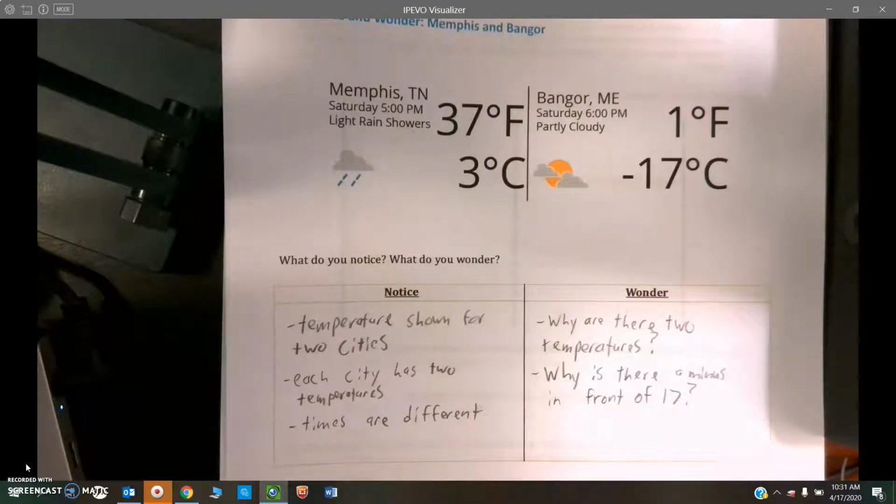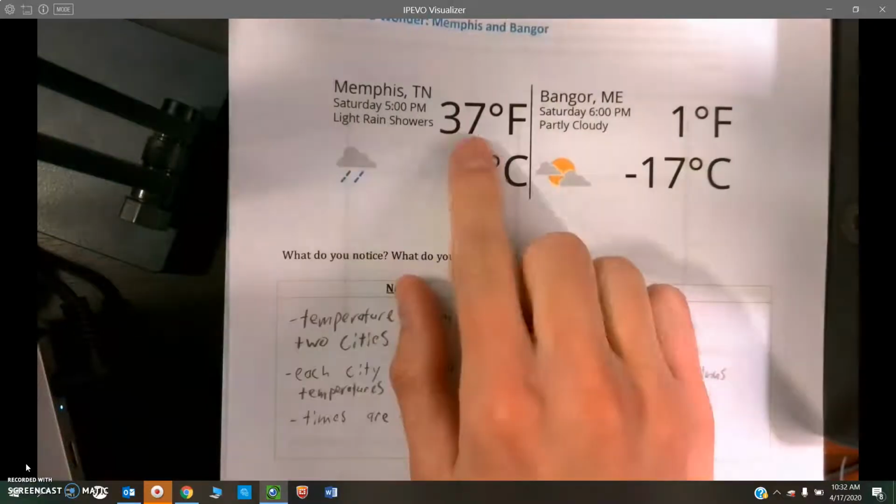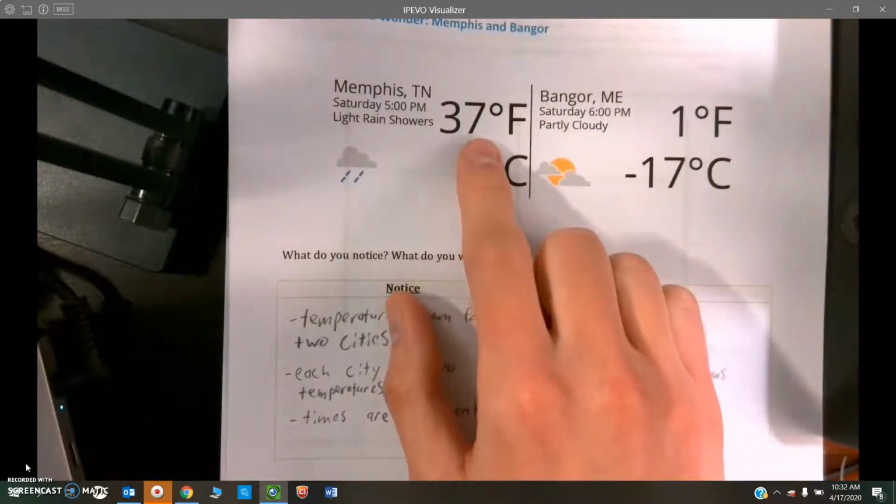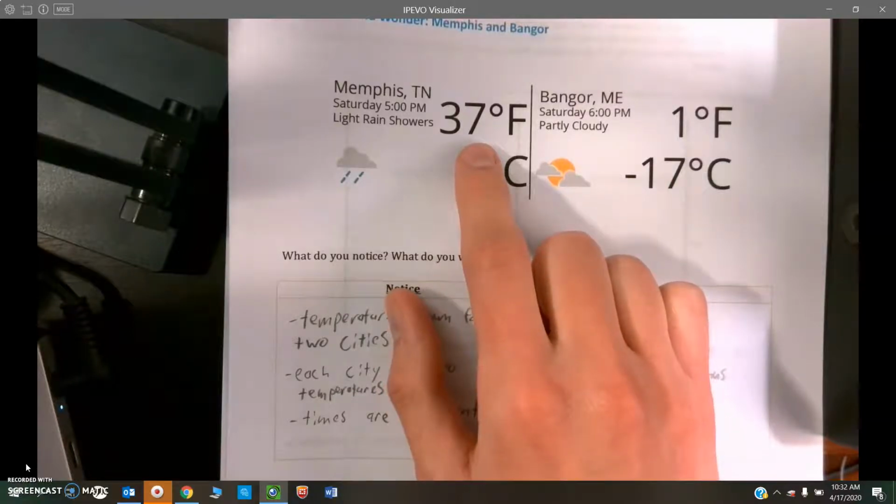So Celsius is, in a lot of ways, a little bit better because Celsius talks about everything in relation to when water freezes. So in Fahrenheit, water freezes or it begins to snow at 32 degrees Fahrenheit, which kind of seems like a random number.